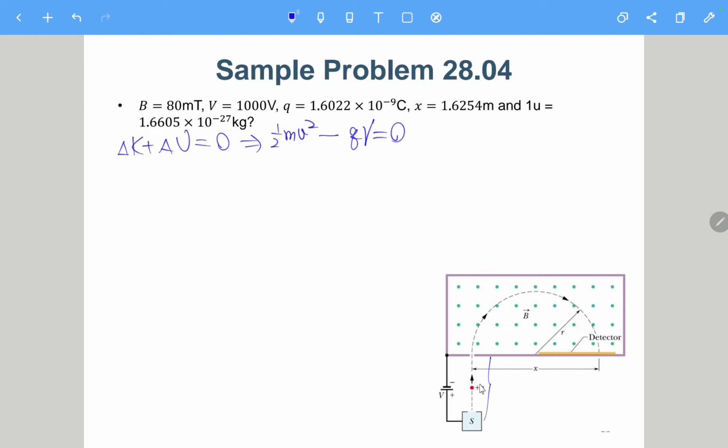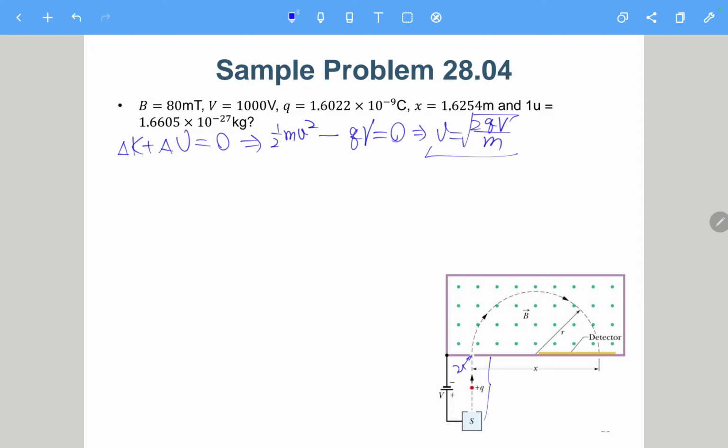So this energy should be q times V, and all this potential energy will transfer to the kinetic energy of the particle up to here. There will be no potential energy at all at this point, so all of the energy changes to kinetic energy. So we will know the initial speed at this point. In that case, we have v equals the square root of 2qV over m.